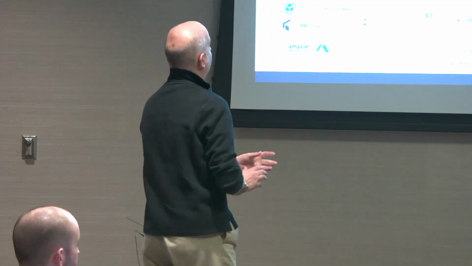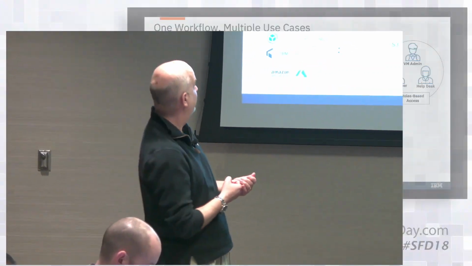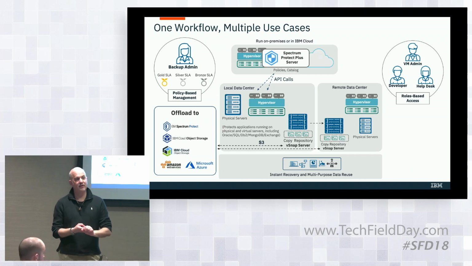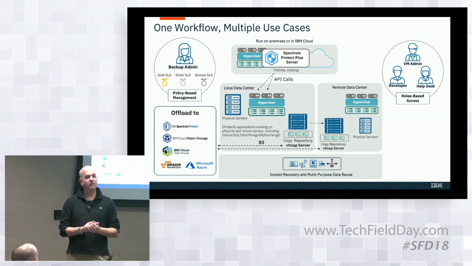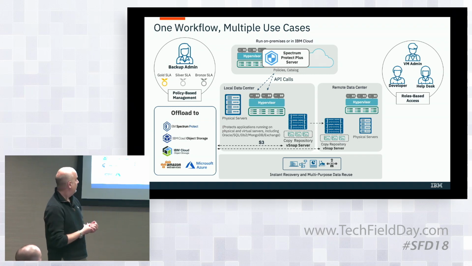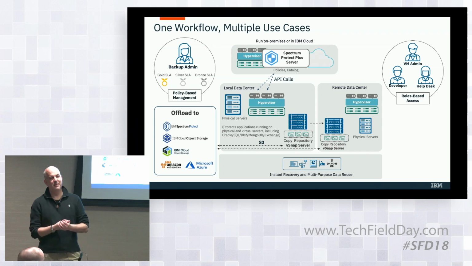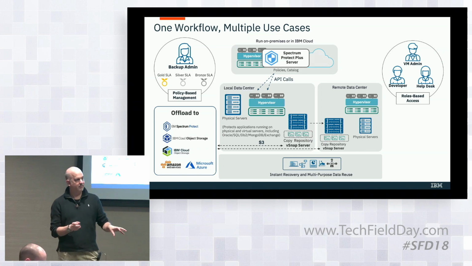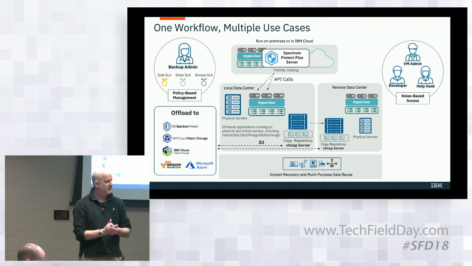Prashant talked a lot about some of the data paths. We're going to point out a few of the main components. First is the Spectrum Protect Plus server, the VSnap repository, which is our quote-unquote storage pool for this, and a little bit, we use the term agentless backup, and we talked about the fact that we're deploying agents. And that's true for every workload except for VMware, because you can't actually deploy agents on ESXi.